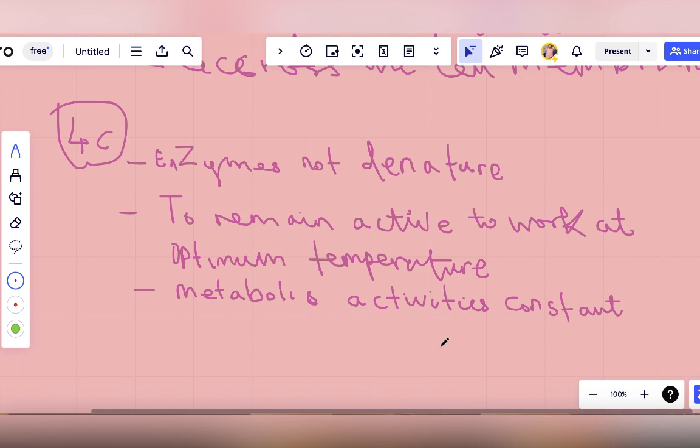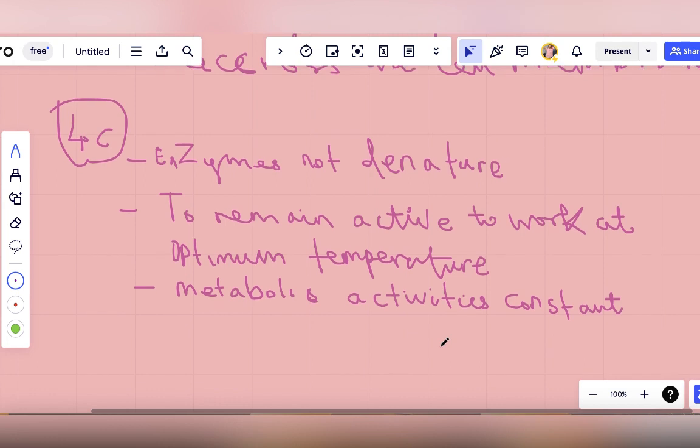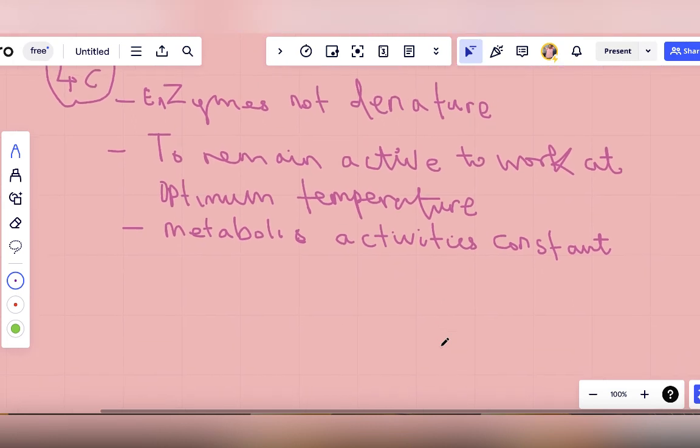Also to avoid damage to our proteins. You know, protein is the life. Protein makes the enzymes, protein makes all the insulin, pancreas, all these things. So if your proteins are damaged, then you are damaged completely.